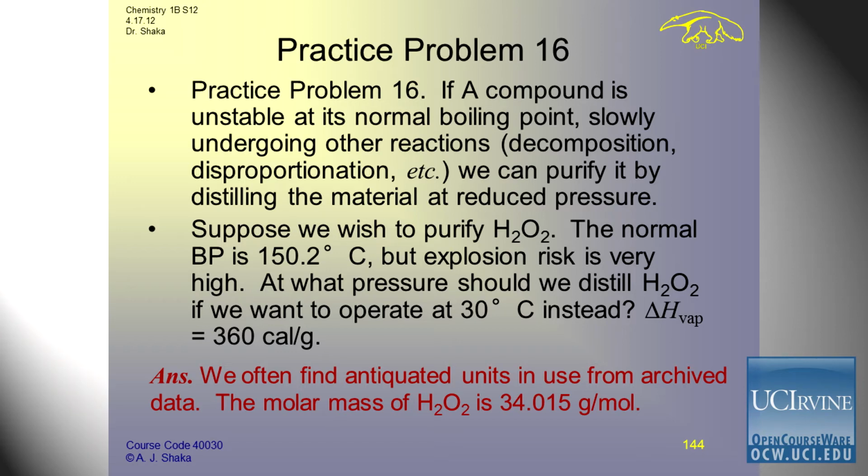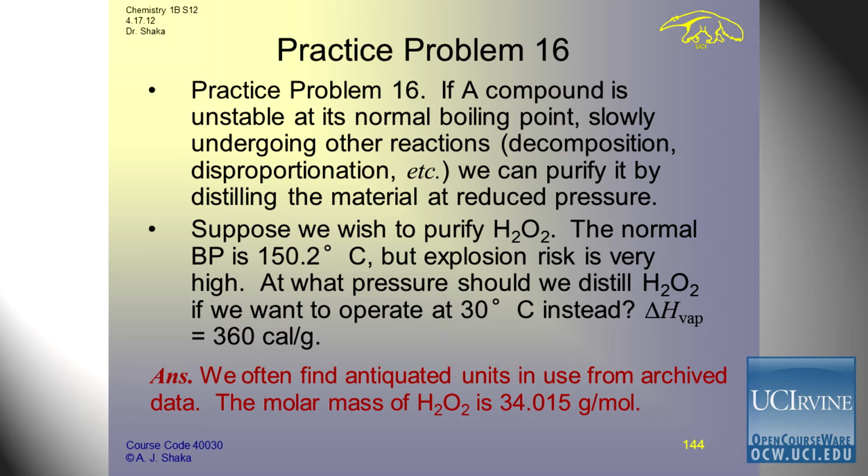The normal boiling point for H2O2 is 150.2 degrees Celsius. But this is a very high temperature, and if you guys don't know, H2O2 is, let's just say, a very scary compound. It has a lot of explosive risk at very high temperatures. So we want to try to purify H2O2 by letting it boil at a lower temperature.